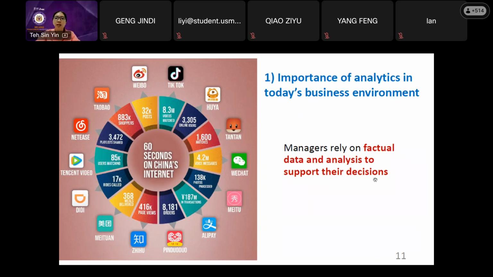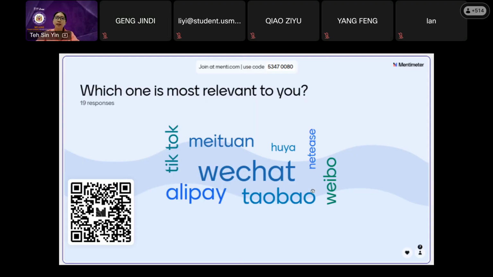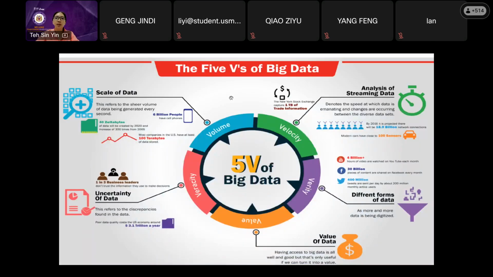You need to make the decision based on the data. From the data, you gain insight, then you make the decision. So it is a data-driven decision.